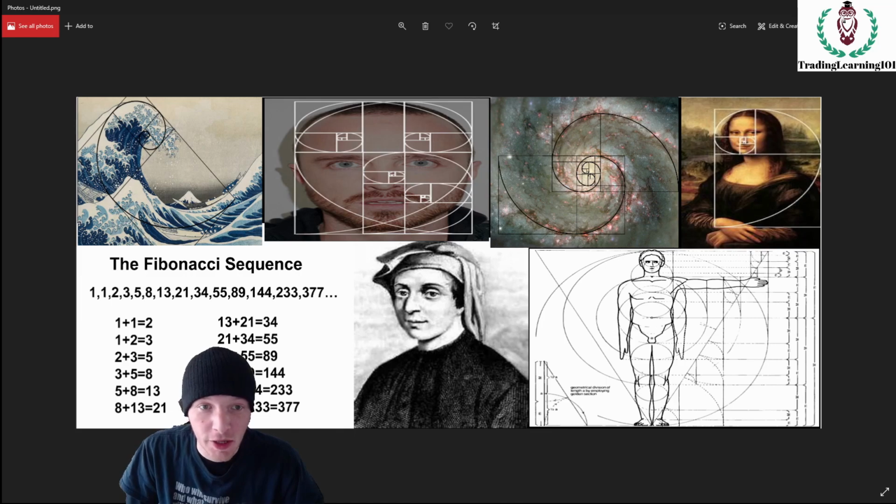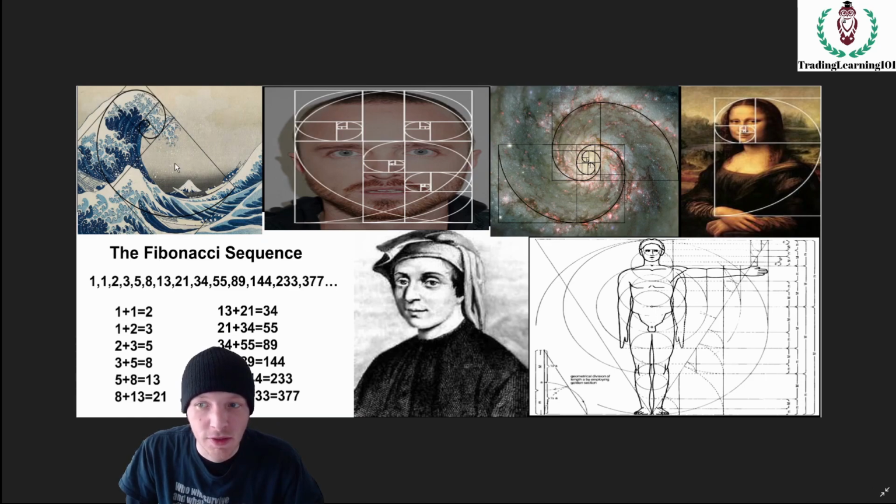I have a picture here with just some examples of the Fibonacci sequence. For example, waves. The golden ratio in a wave, the measurements of our face, the galaxy, the famous painting here, our human body, and then the Fibonacci sequence.